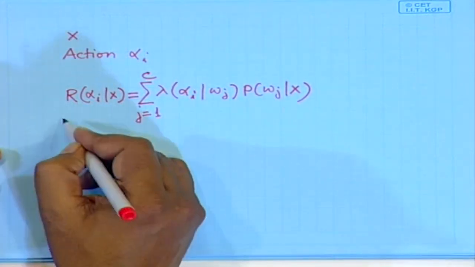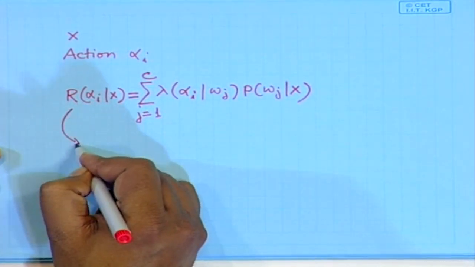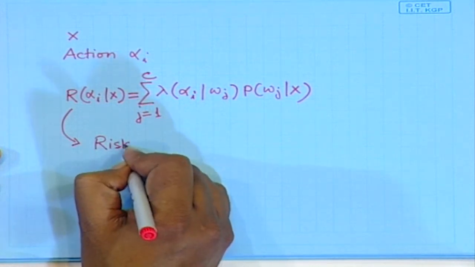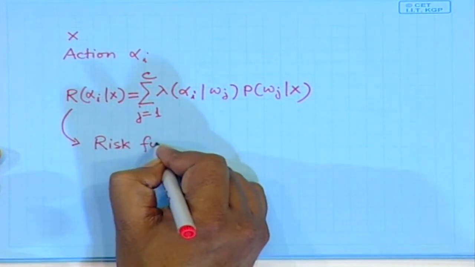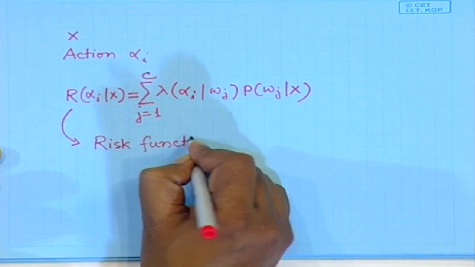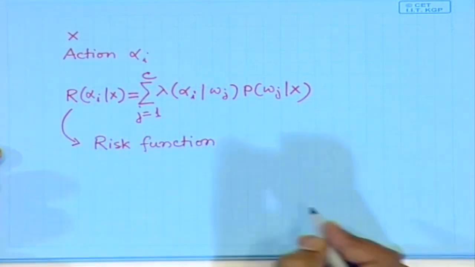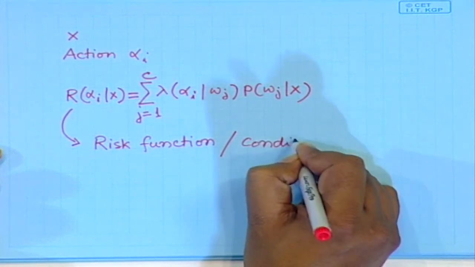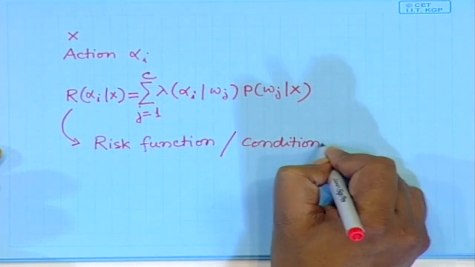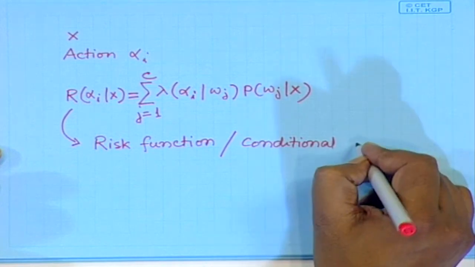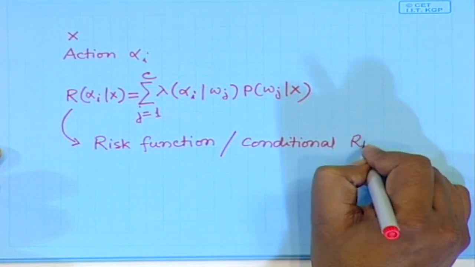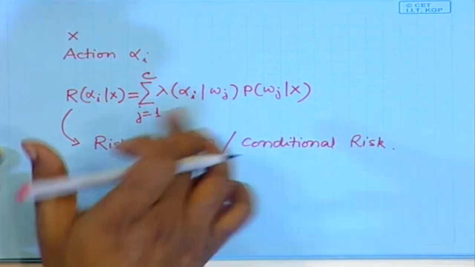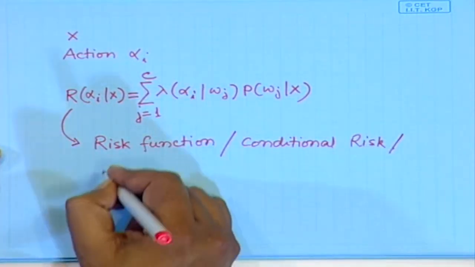This expected loss is also called a risk function, or we can also call it conditional risk, because it depends upon x.